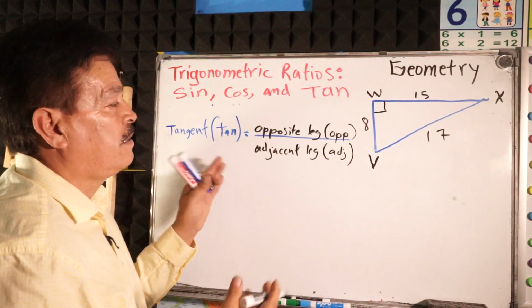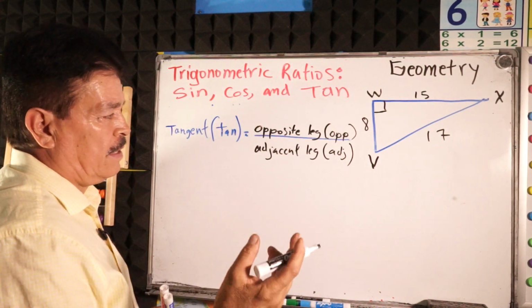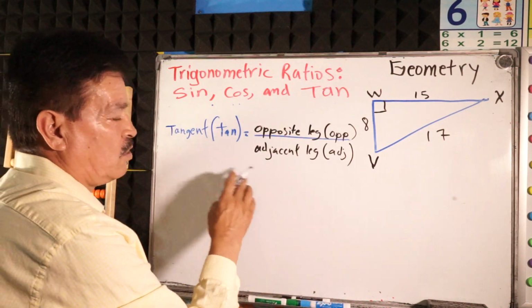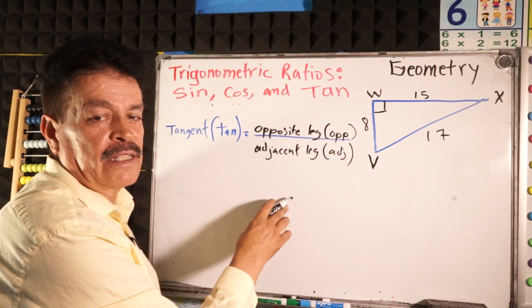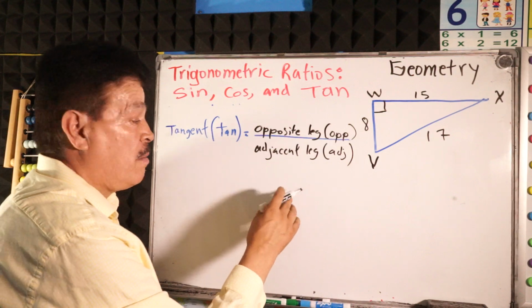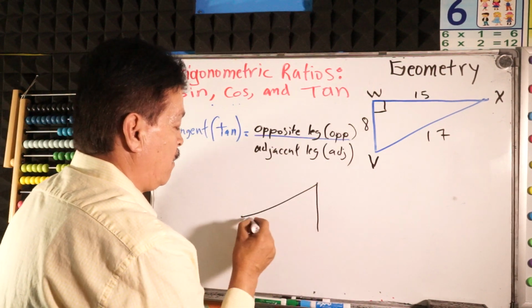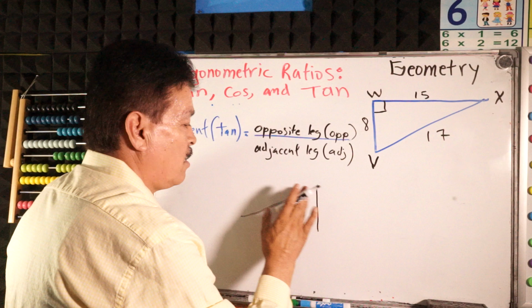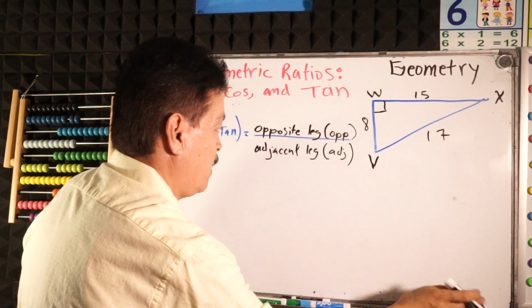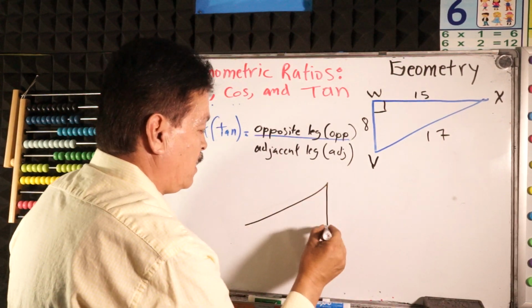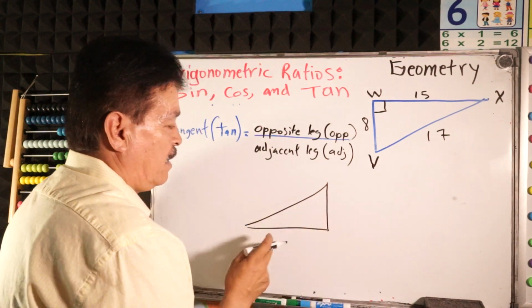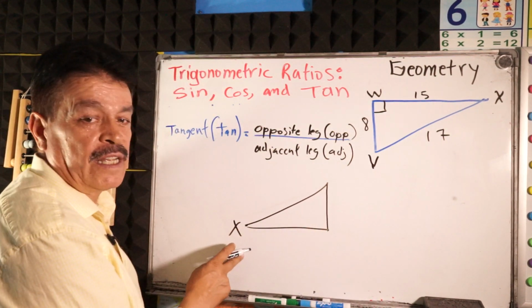You want to see the triangle we were talking about before. I didn't draw the picture, but you have a right triangle. I told you the right triangle. Let me show it in this one, but it's the same for everything. Okay, this is X, for instance.